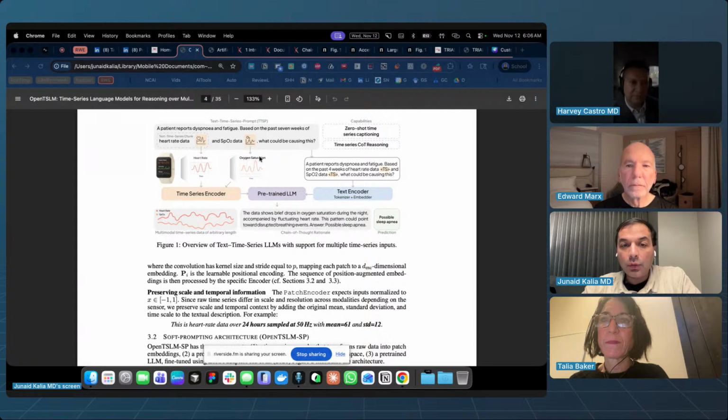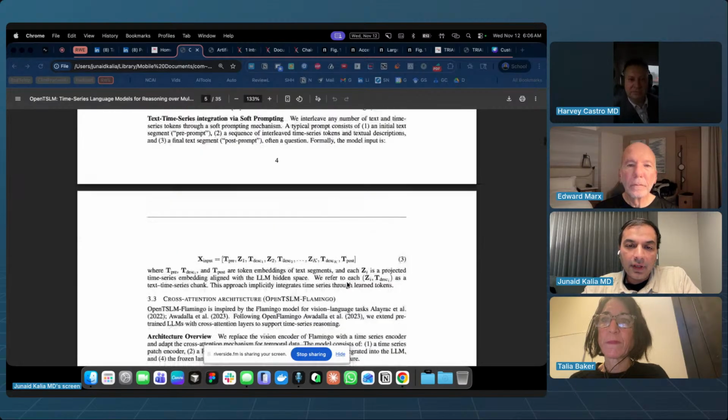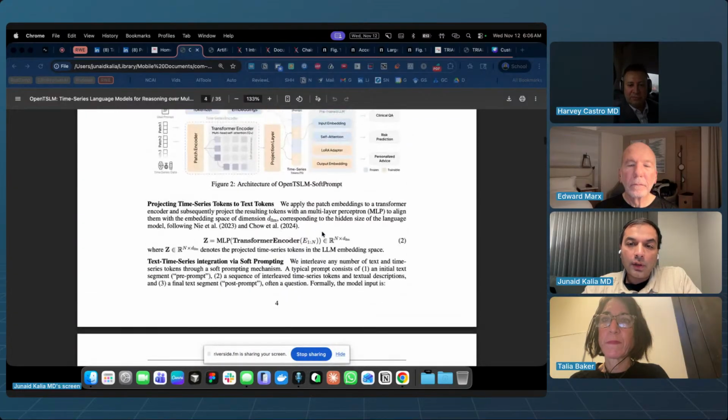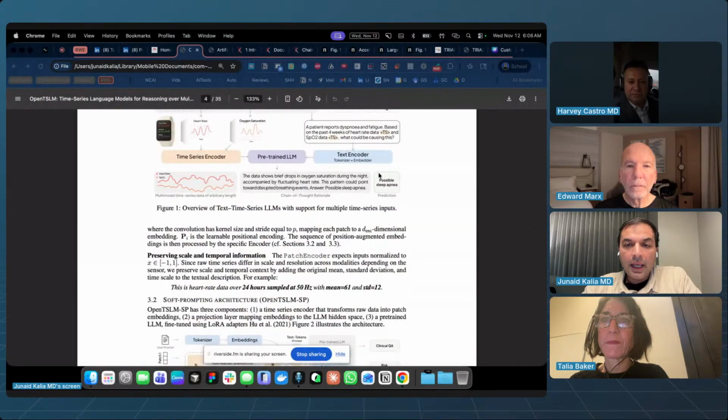Again, remember these are two different events, then it pretrains and the text encodes, and then actually gives you the prediction of what is called possible sleep apnea. This is a significant, important way of improving large language models in terms of time series and in terms of prediction of events in the future.